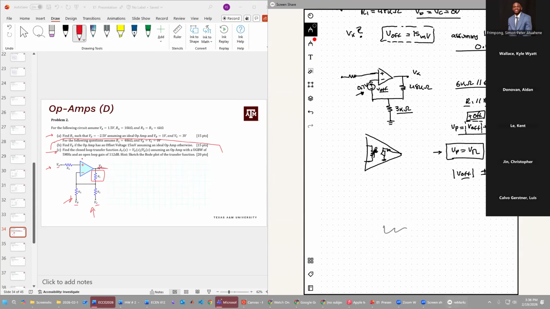Okay, so we'll just continue to solve the problem normally. It says assume everything else is ideal. So we now throw in this offset into our equation here, but we can assume that the current flowing into the positive terminal and the current flowing into the negative terminal is going to be zero. We still can take advantage of that.